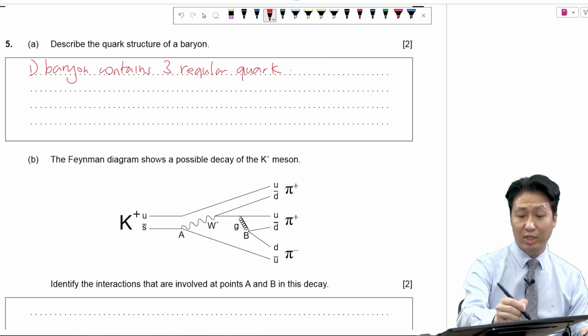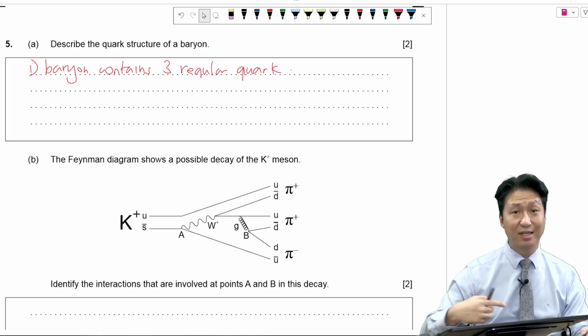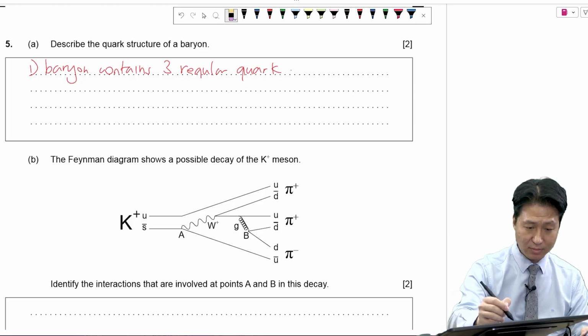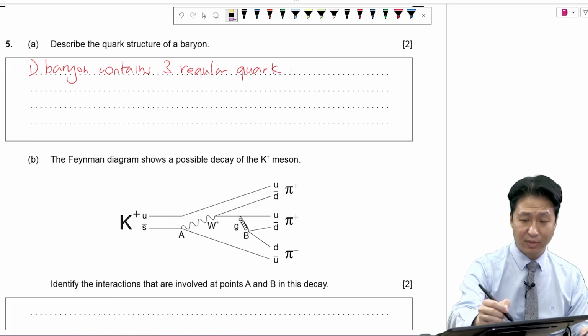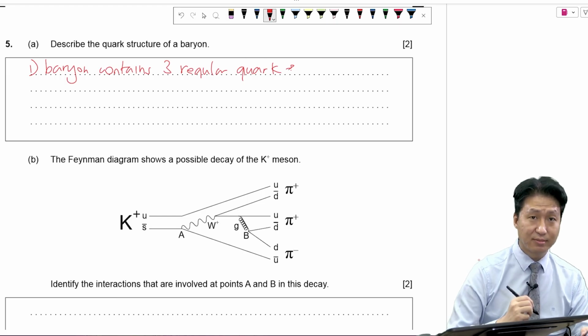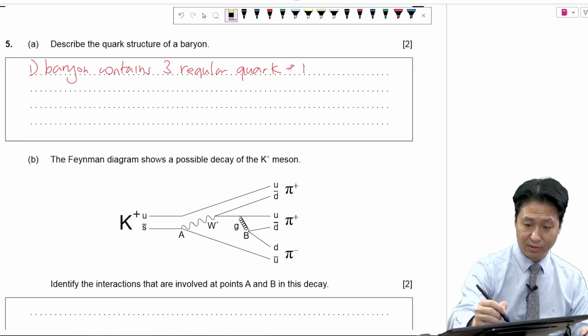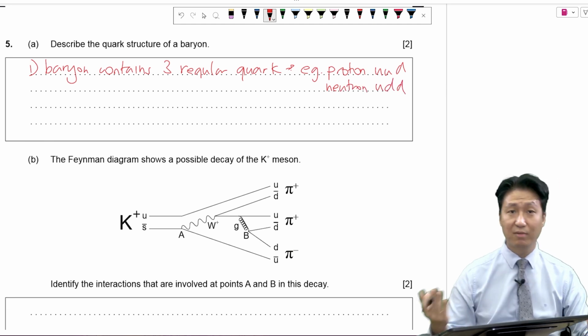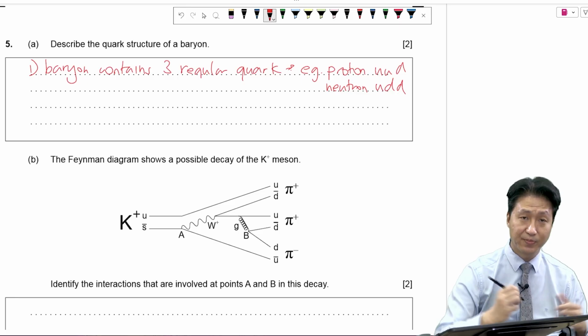And it has to be only 3 regular ones because the opposite, the anti-baryon, is the one that has 3 anti-quarks. You can also write that down, but you should probably give an example, right? Example, e.g., proton is up, up, down, neutron is up, down, down. An example gives you the other point, 2 points total.